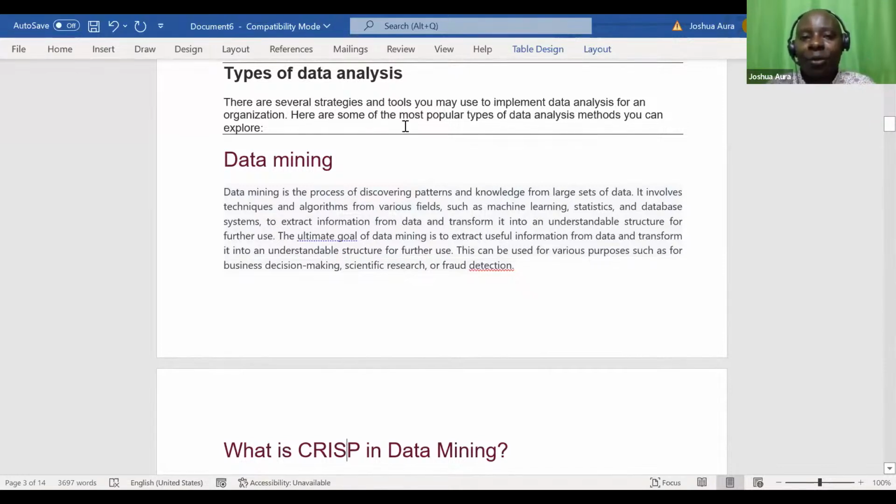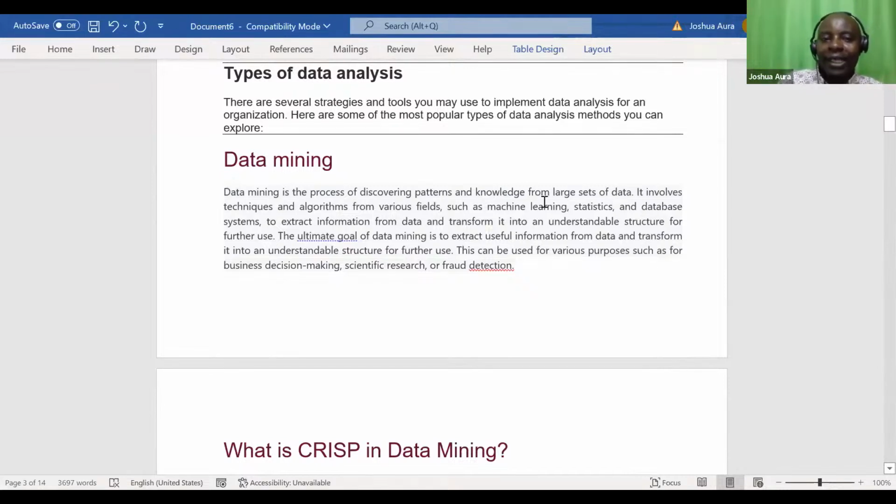Here are some of the most popular types of data analysis methods you can explore. And the first one, ladies and gentlemen, before you start any analysis, you must mine: data mining. Data mining is the process of discovering patterns and knowledge from large sets of data.